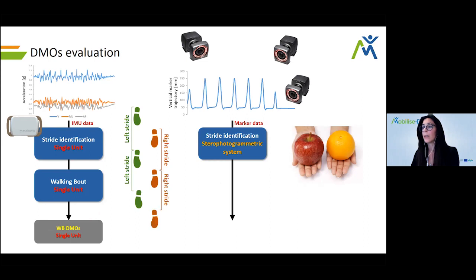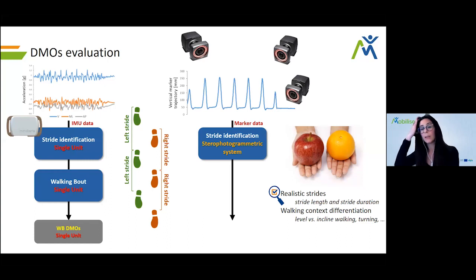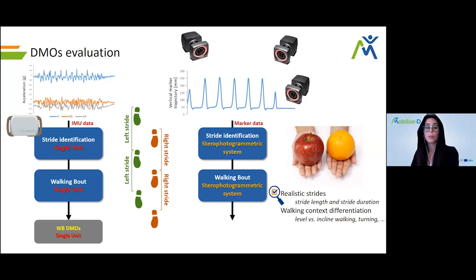And when we have identified at least 2 left and 2 right strides that are going to fulfill the criteria that we've established within Mobilise-D, so for example, having a minimum length and a minimum duration, we can construct what we can consider our walking bout.